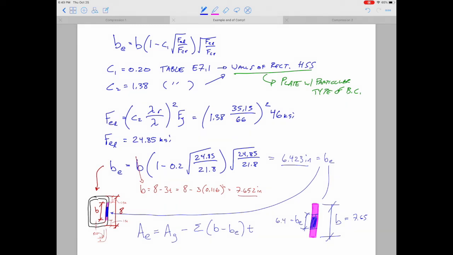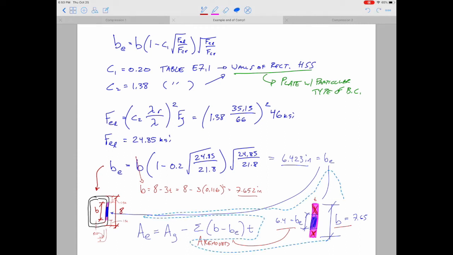Well, what I'm doing over here is basically just removing this. So I'm saying what's B minus B effective, and then multiplying by T. This is T. Right, so I like to call this one area removed. So we kind of have area gross minus area removed. Okay, so that's what I'm doing there.